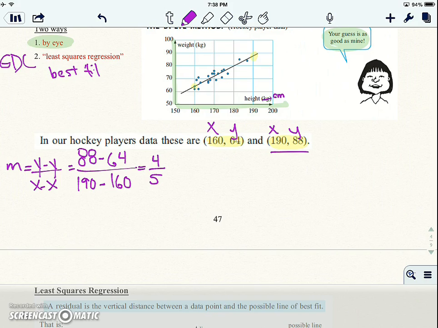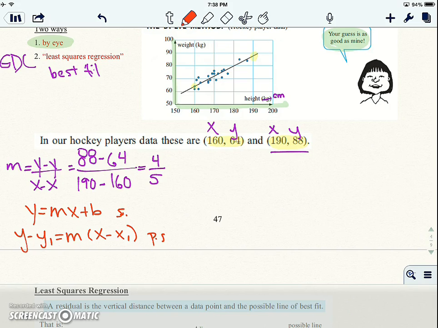Now I'm going to use the form. You could use either y equals mx plus b, or you could use y minus y1 equals m times x minus x1, which is, let's see, this is point slope and this is slope intercept.